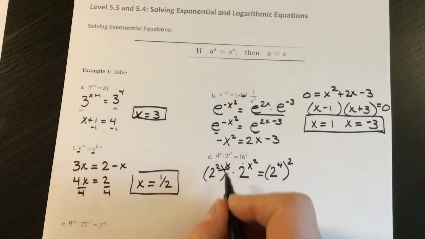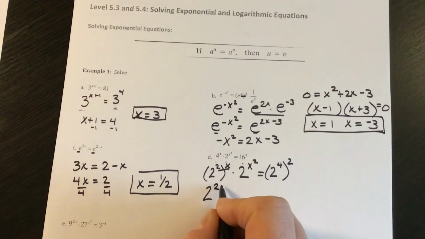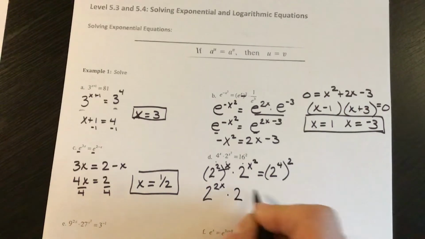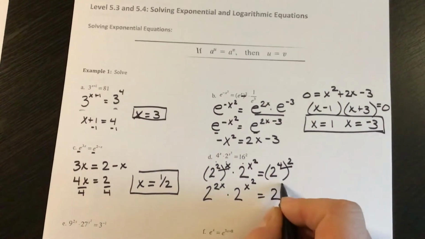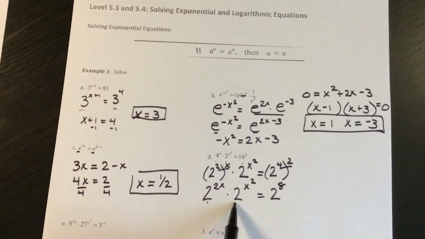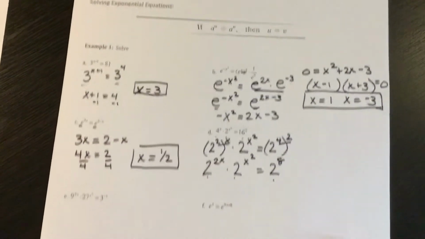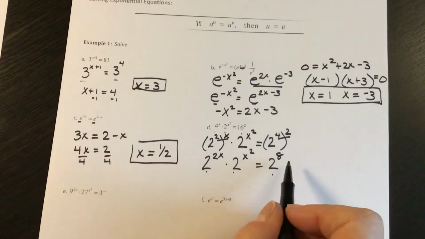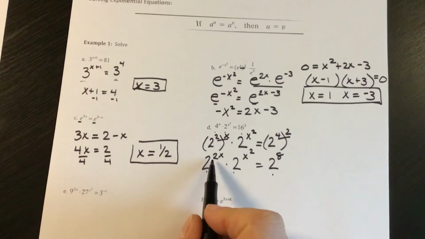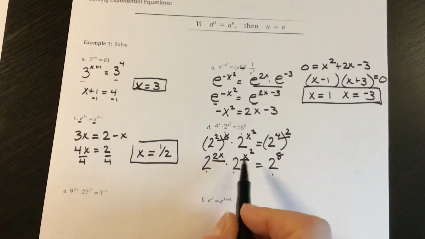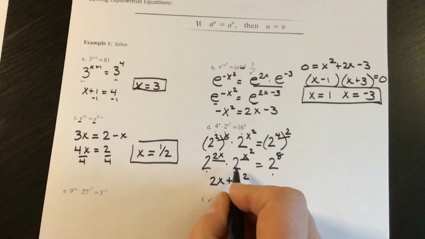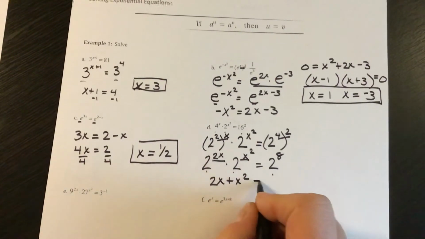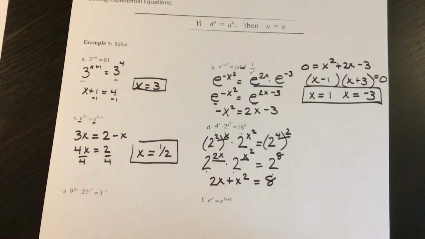So this becomes 2 to the 2x times 2 to the x squared power, and this equals 8, 2 to the 8th power. Now with a base of 2 in each of these, I can set my exponents equal. So this would be 2x plus x squared, I'm adding the exponents with the same base, equals 8.